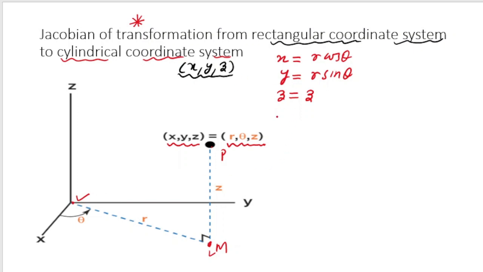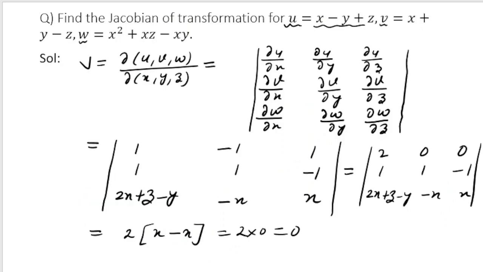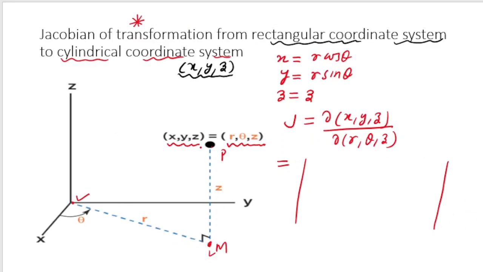So if they ask you to calculate the Jacobian of transformation, that if I have to change the x, y, z coordinate system into the r, theta and z coordinate system, what will be the Jacobian of transformation? I am not going to write the formula which I already wrote in the previous problem, so I am directly going to write the derivatives.